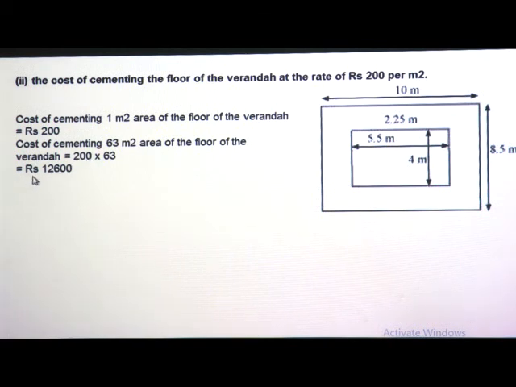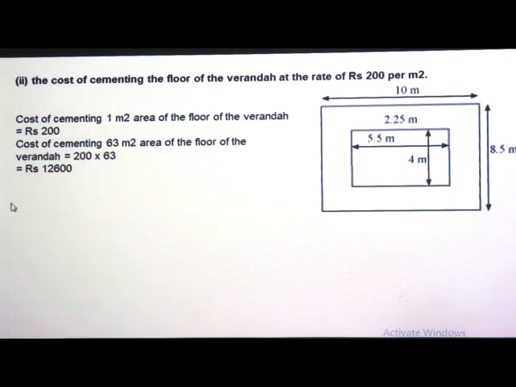So, we get rupees, because we are finding the cost, 12,600 rupees required for cementing the floor of the veranda outside the room.